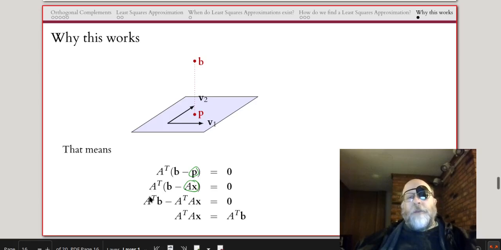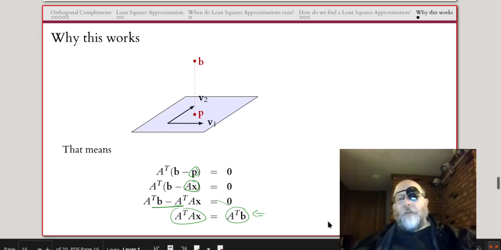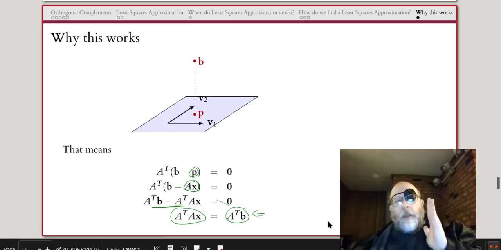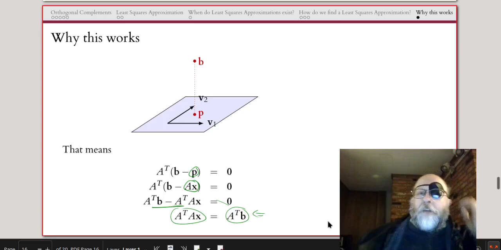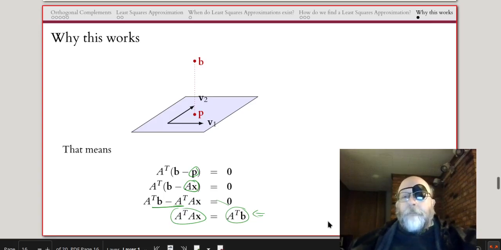And if I distribute the A transpose and move one term to the other side, I find A transpose A x equals A transpose b, and that's the equation that we've been solving. This equation always gets us the least squares solution using the fact that the perpendicular direction to a column space is the null space of A transpose, and that's why we have to use the transpose to solve this problem.